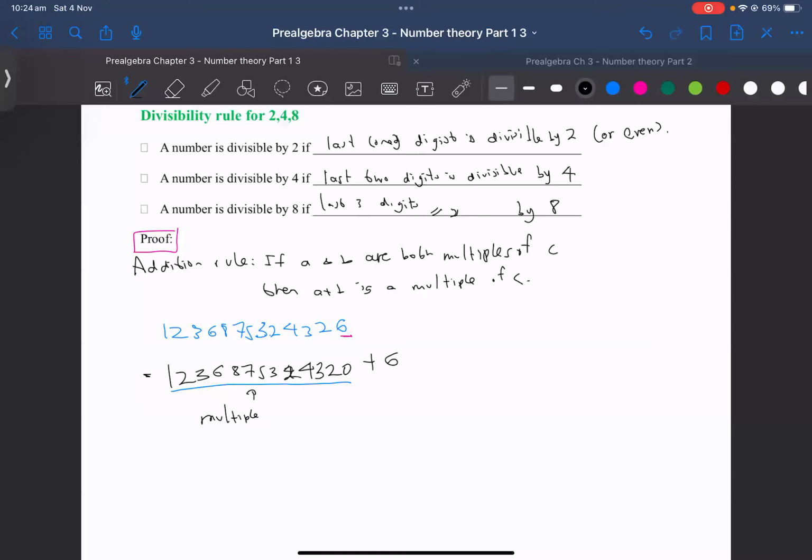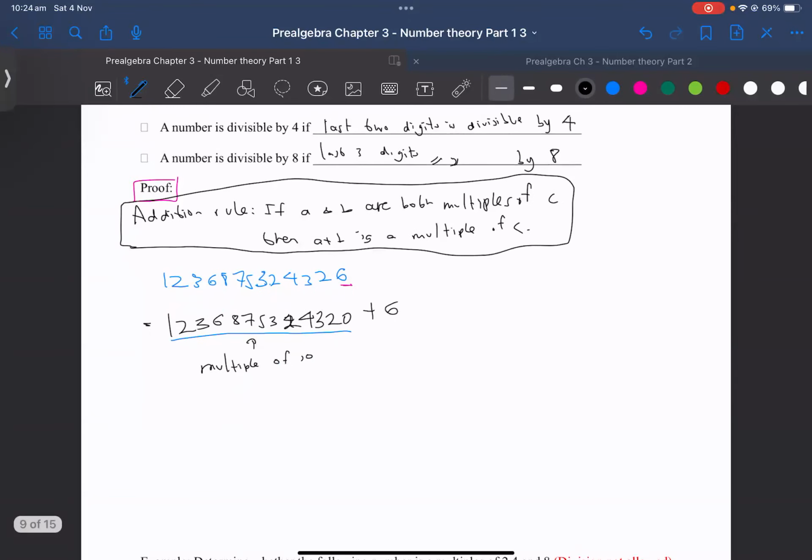For the proof, we're also going to assume we know the multiple of 10 rule. This is a multiple of 10, you agree? This is 10 times the number 1, 2, 3, 6, 8, 7, 5, 3, 2, 4, 3, 2. It's just that without the 0, it's multiplied by 10. Is that clear? This is a proof, so it's tricky. Let me know how you're understanding what I'm saying. So far makes sense?